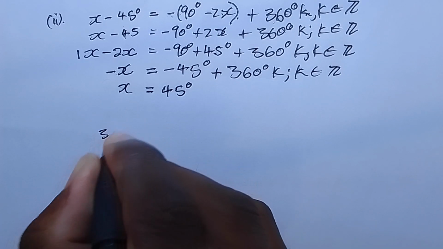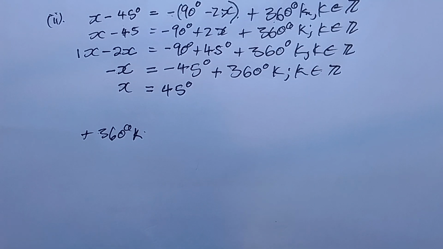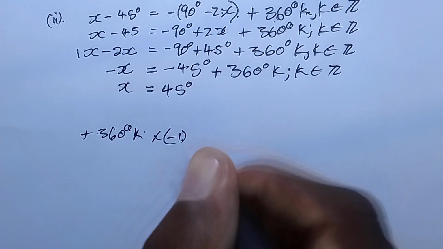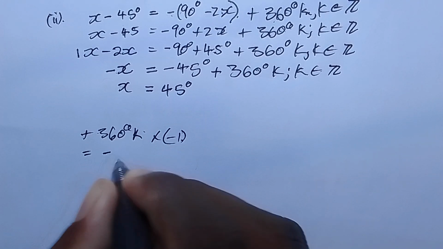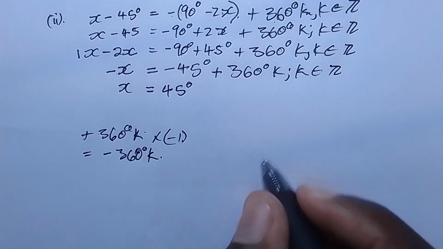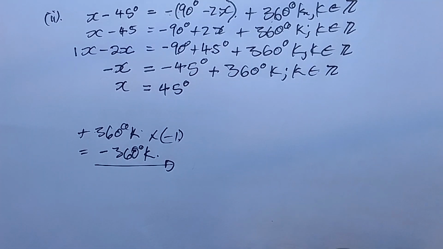You have 360 degrees k, which is positive, and you're multiplying it by negative 1. It's true to say that this will be negative 360 degrees k, and I don't think you should be penalized for that because it's true.